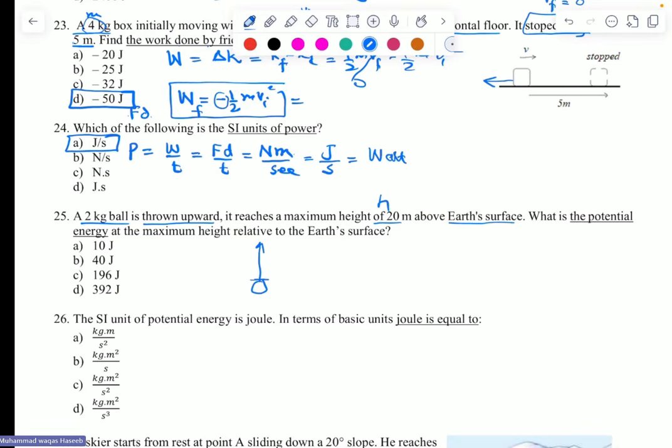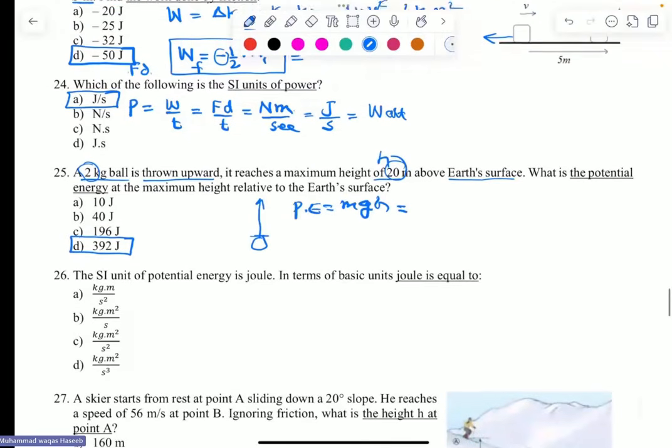What is the potential energy at the maximum height? Potential energy is a very easy question, which is mgh. Just substitute the values. m is 2, height is 20, and g is 9.81. You will get 392 joules of energy.